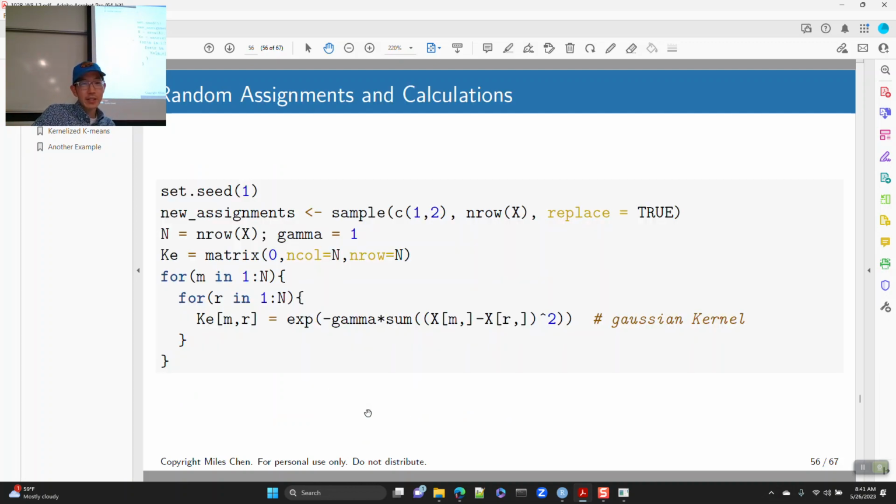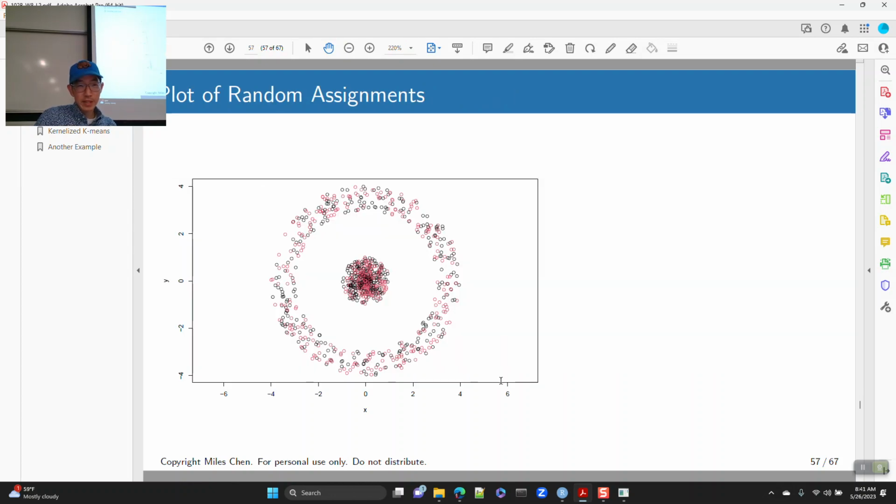So here is the code, and we're going to use the Gaussian kernel, the radial basis function kernel. So I've got e to the whatever this is, and I start off with some random assignment of points, and then it's going to calculate the distances to the centroids.